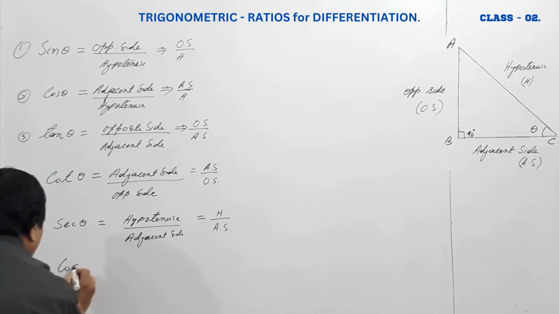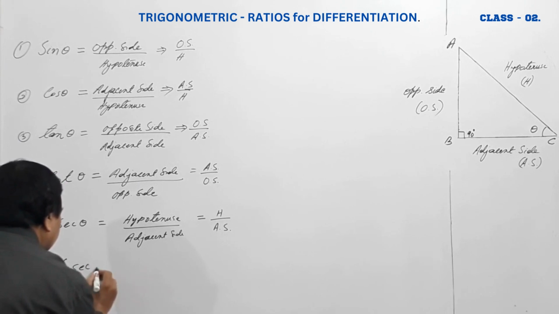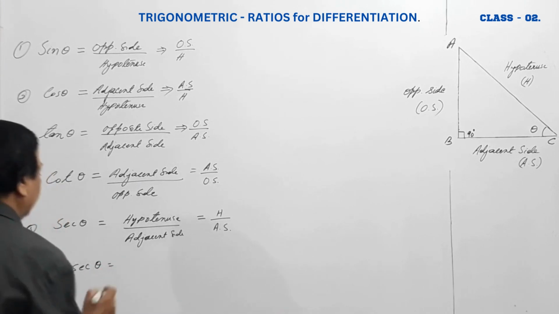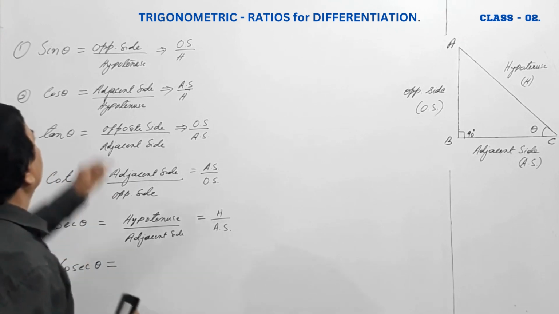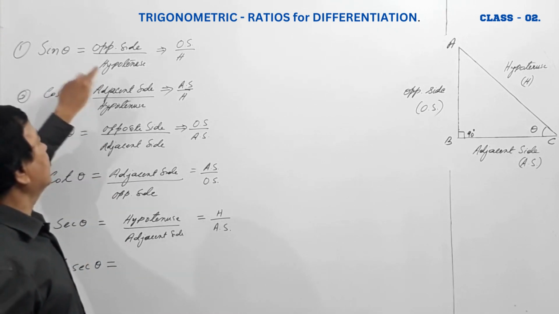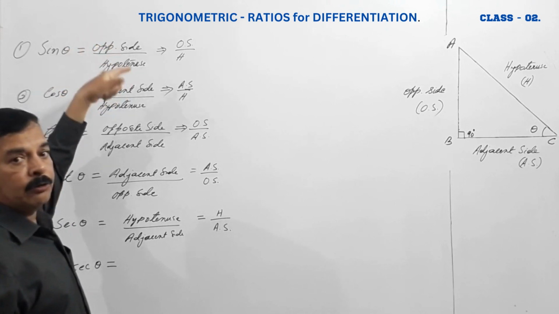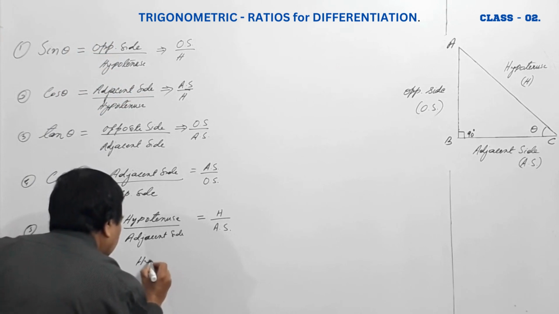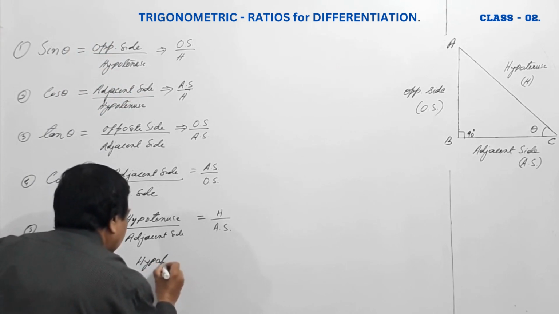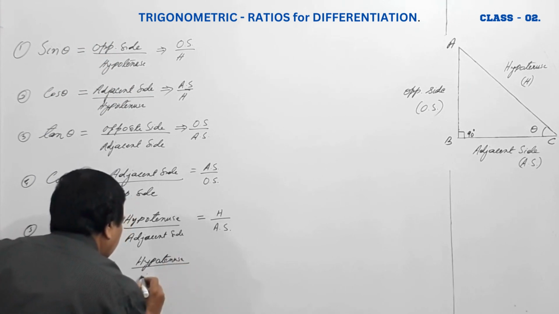Lastly, sixth one, cosecant theta equals the reciprocal of sin theta. That is, instead of writing opposite by hypotenuse, I will divide hypotenuse by opposite side. This is hypotenuse by opposite side.